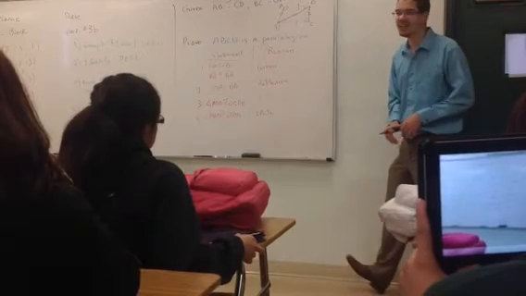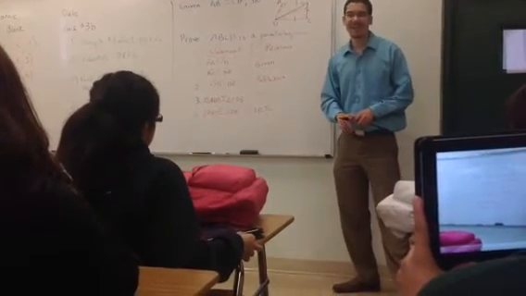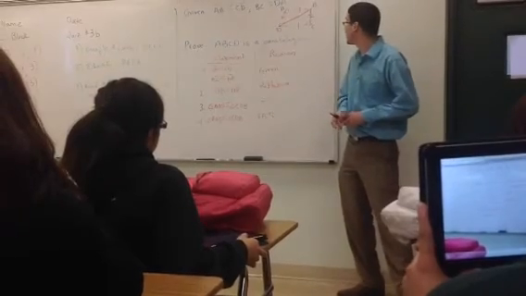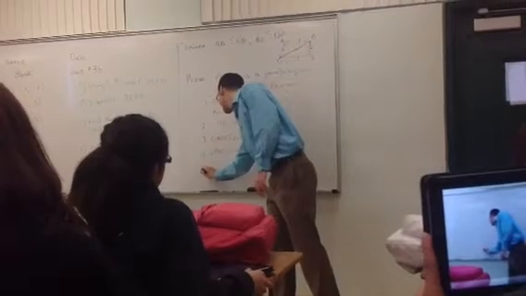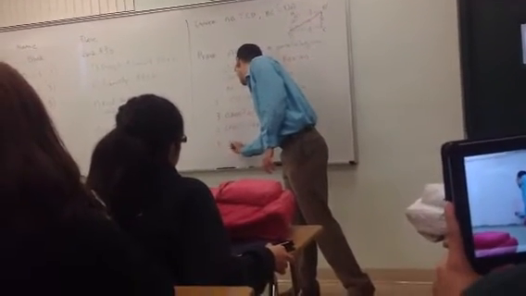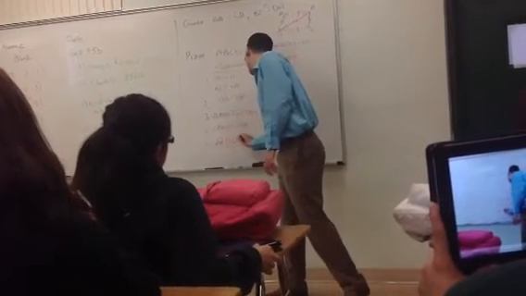Okay? Then if they are congruent, I know that AB is parallel to DC, because of the converse.